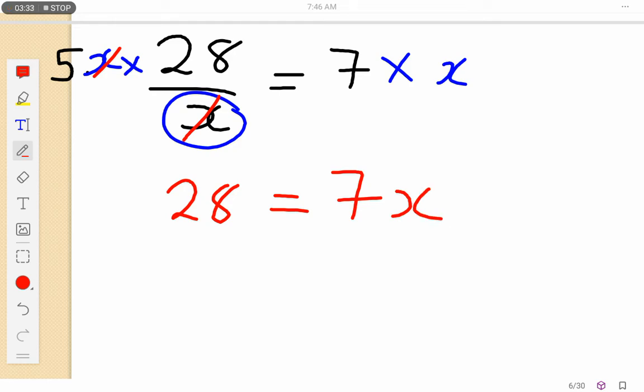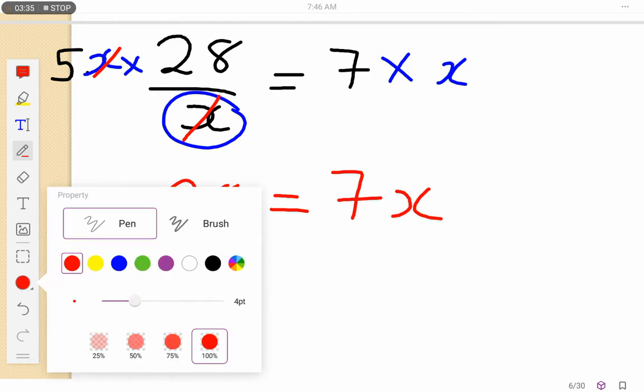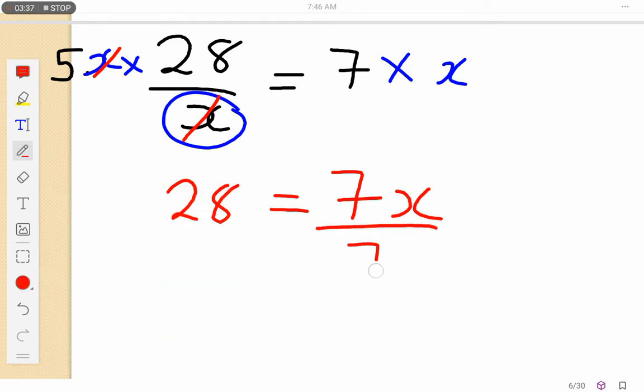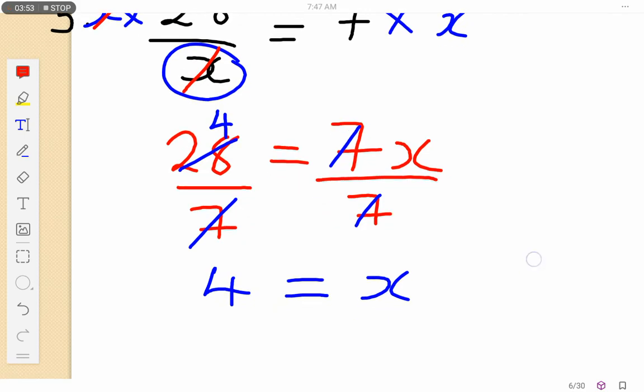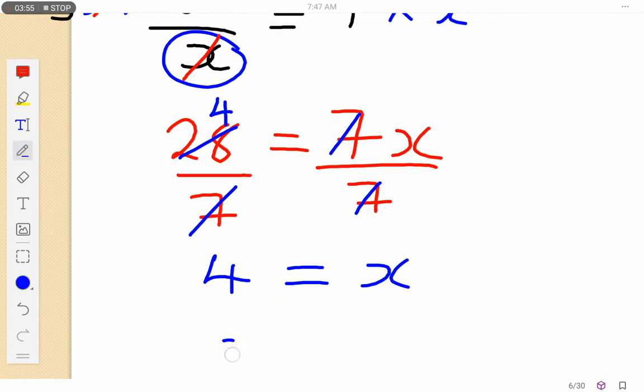To remove our 7, we are going to divide by 7, such that the 7s cancel off each other and we remain with the x. Then 7 into 28, we get a 4. So our x is equal to 4. But this is not the proper way of writing our x, we say x is equal to 4 like this.